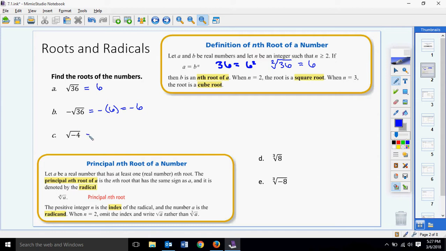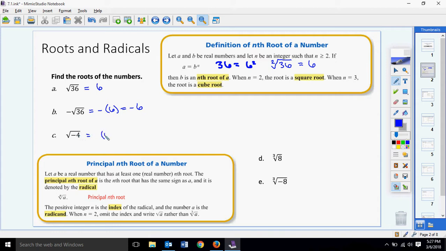Down here, though, is there a number that when I multiply it by itself, gives me negative 4? Like in problem A, what number times itself gives you 36? Well, 6 times 6 is 36. In other words, what number multiplies by itself to get me negative 4?